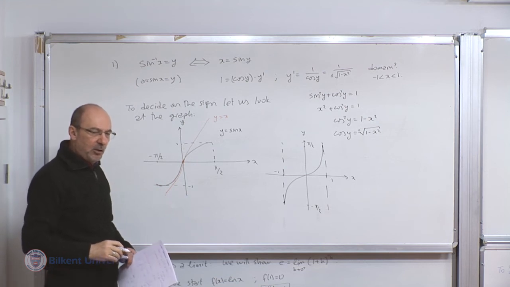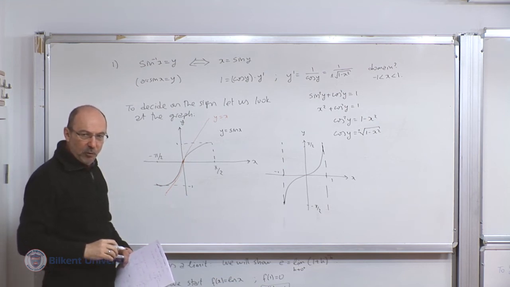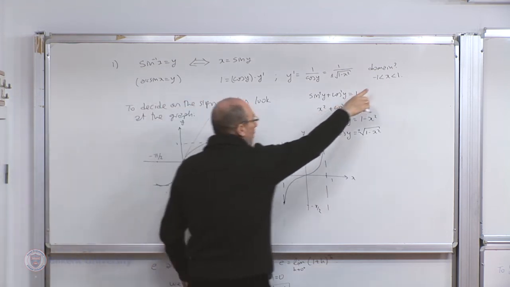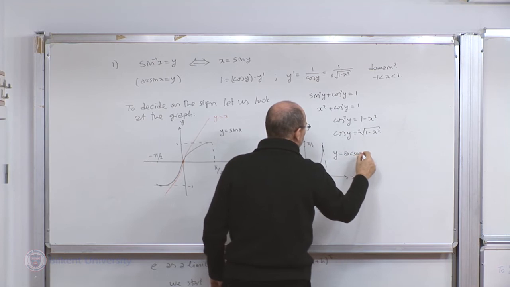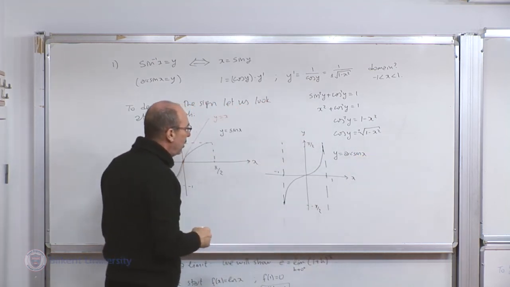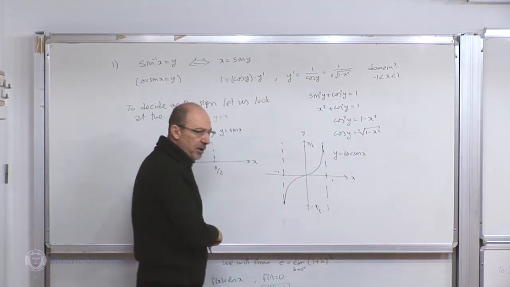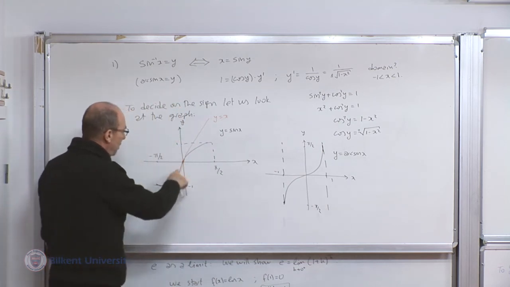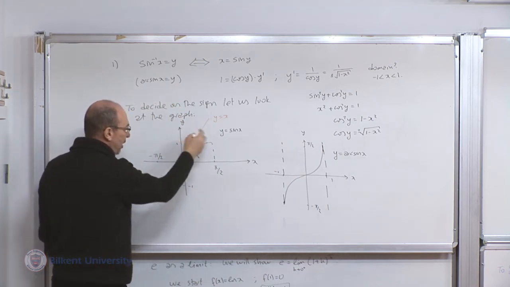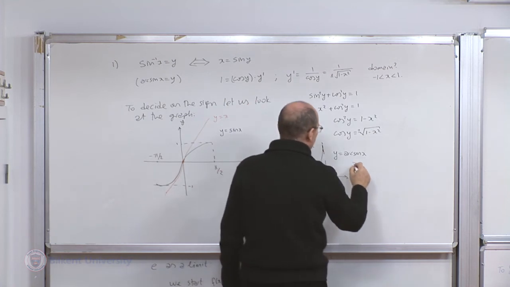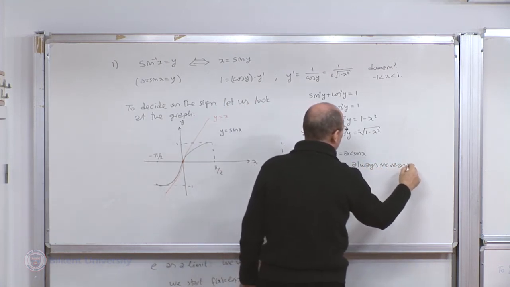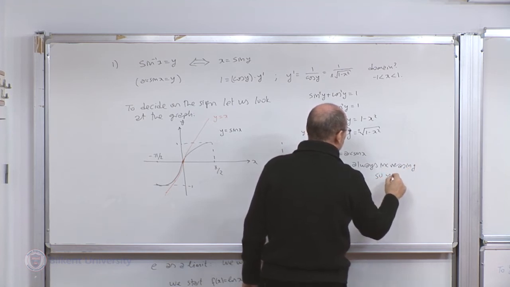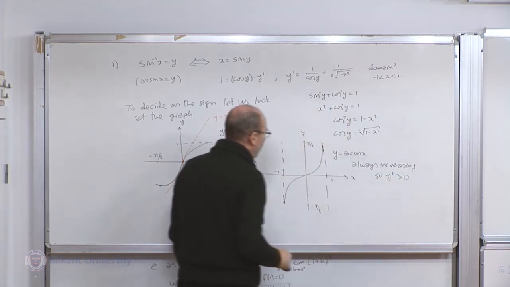So if I calculate this algebraically, I expect 1 over 0 there. Well, that's what happens here. So this is y equals arc sine x. It is always increasing. So this is increasing. When you flip it over, it is again increasing. Always increasing. So y prime must be positive.